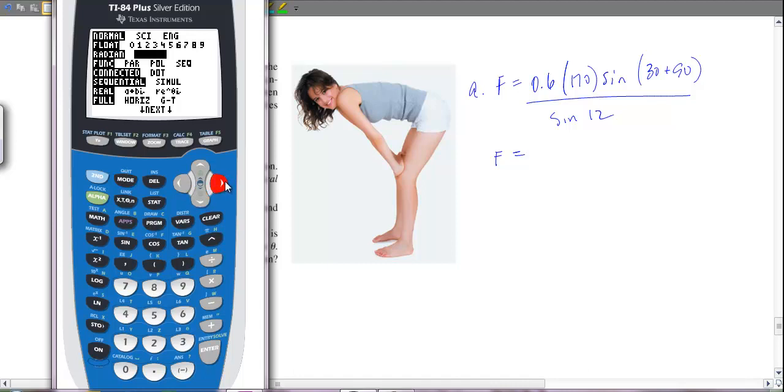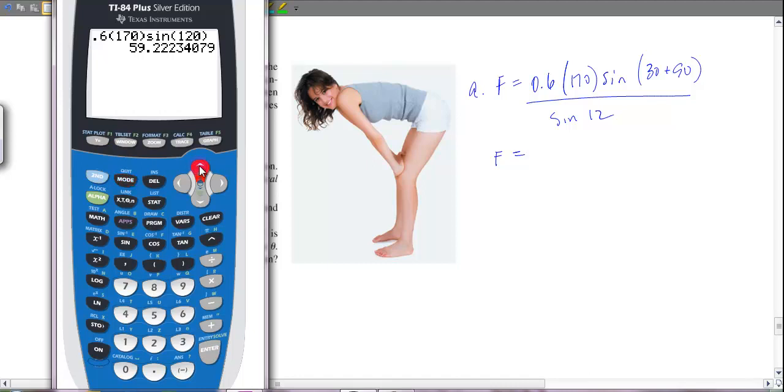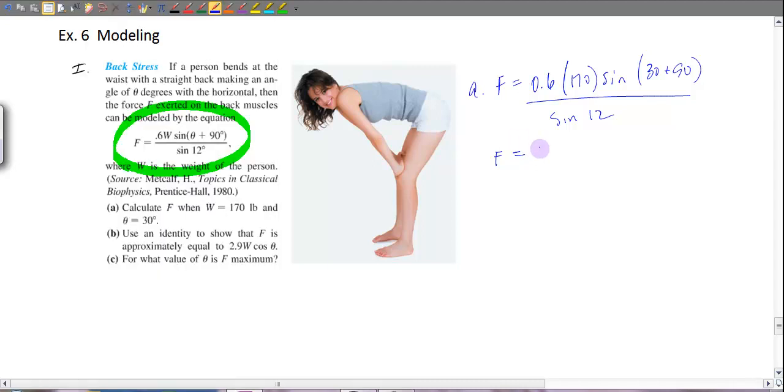They gave me theta in degrees, so I need to be in degree mode. Let's try that again. There we go, that's different. Now I divide that by the sine of 12. Plugging that into the calculator, we get 425 rounded to the nearest whole number. So F would be 425.